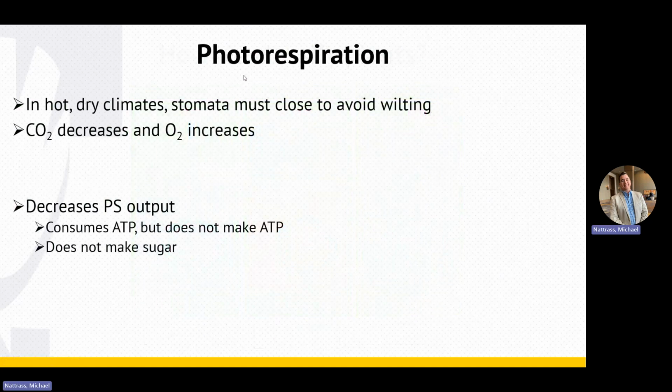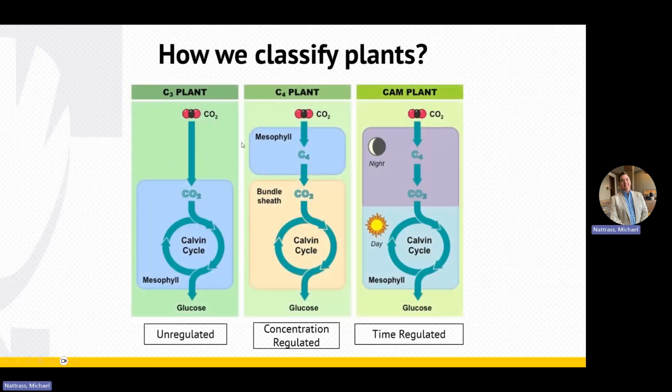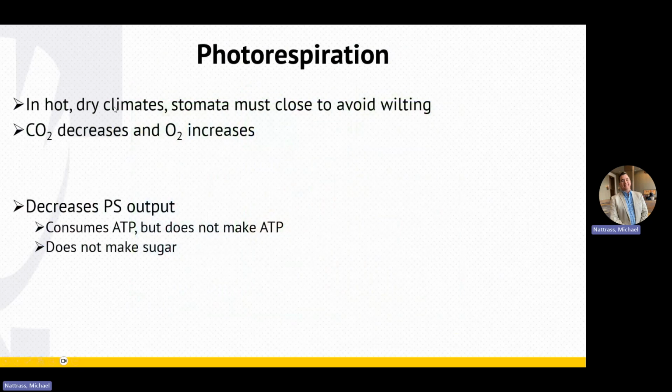So this is important. The reason why we're talking about this is because there's a distinct advantage between the C4 and the CAM plants. When the stomata close and there's no carbon dioxide coming in, eventually we're using up all of the carbon off of this molecule, which means only oxygen is there.